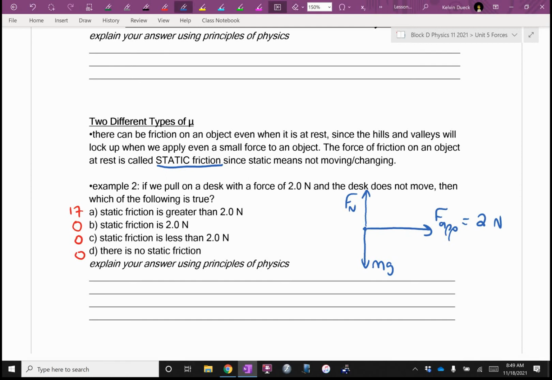What else? Friction, which way? Bigger, smaller, or the same size? So if it was bigger, don't write this down, which way would the desk have to be accelerating? Did the desk accelerate backwards? So I ask you again, bigger, smaller, or the same size?